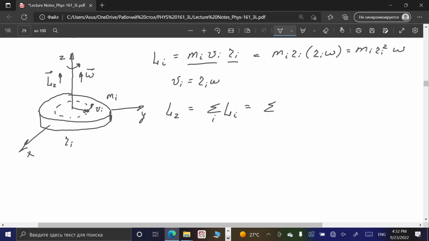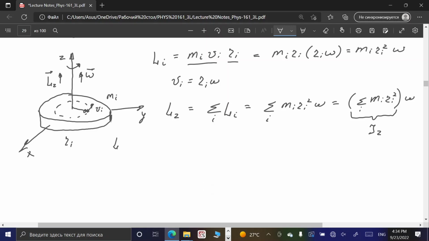So that will be the sum over i of m_i r_i squared times omega. Omega can go out from this sum since it's a constant. And this sum is nothing else than the moment of inertia with respect to axis Z.